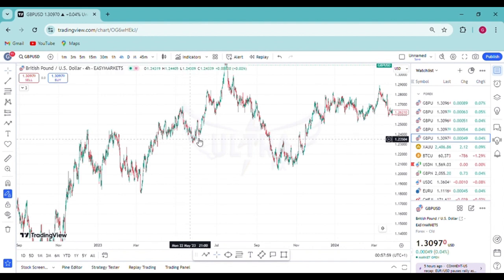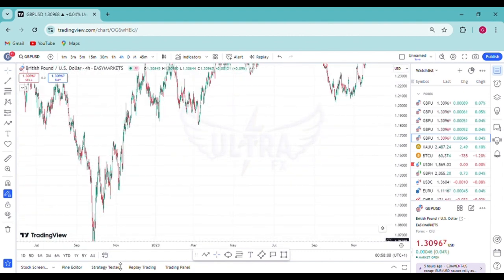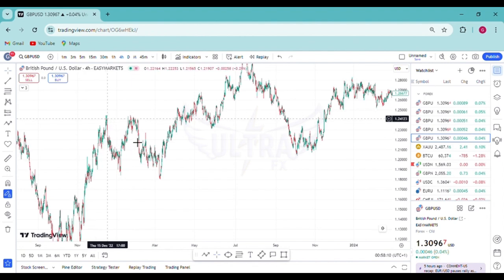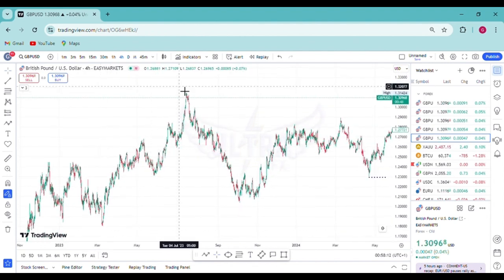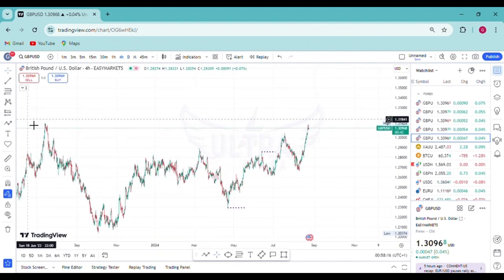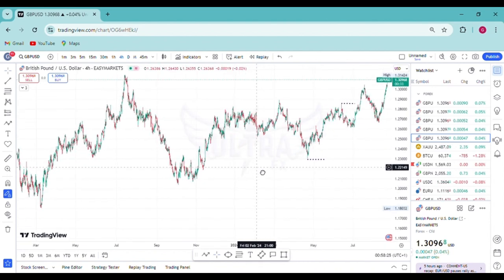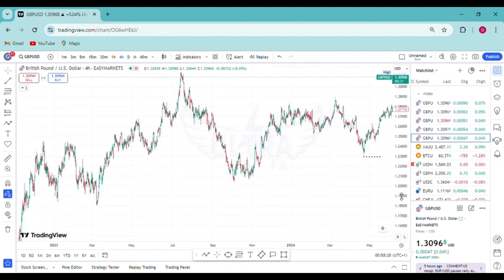This is not our higher low. This is our low right here, this is our higher high, higher low, higher high, higher low. Once the market breaks this high here, this one becomes our higher high. So in this scenario, we are just going to be looking for buy opportunities, right?